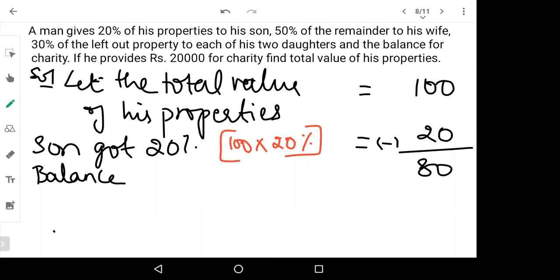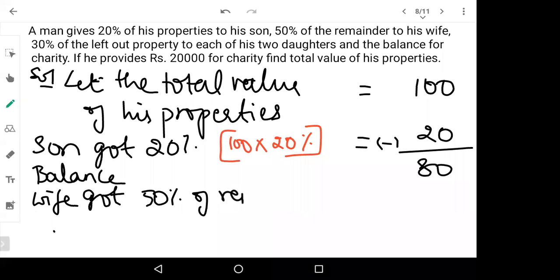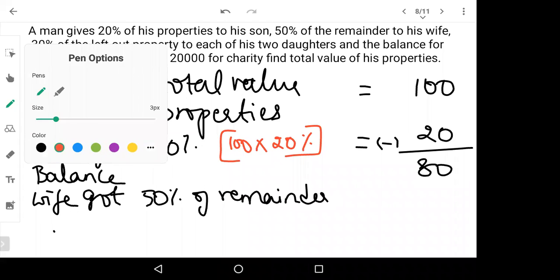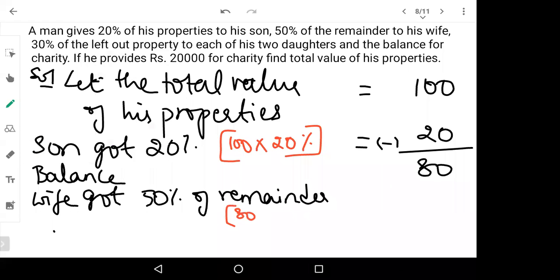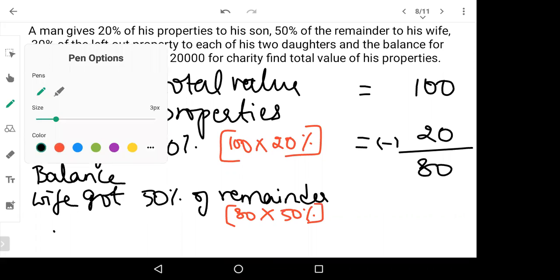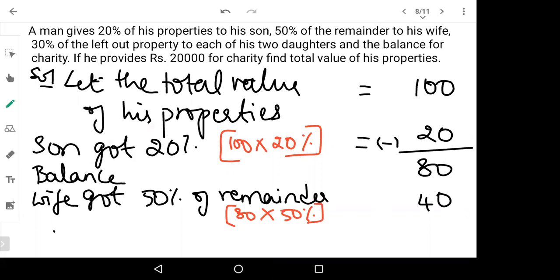So wife got 50% of remainder, which means out of 80 we are calculating 50%. So out of 80, if it is 50%, it means it is 40. So what is the balance that is remaining? Remaining balance is 40.